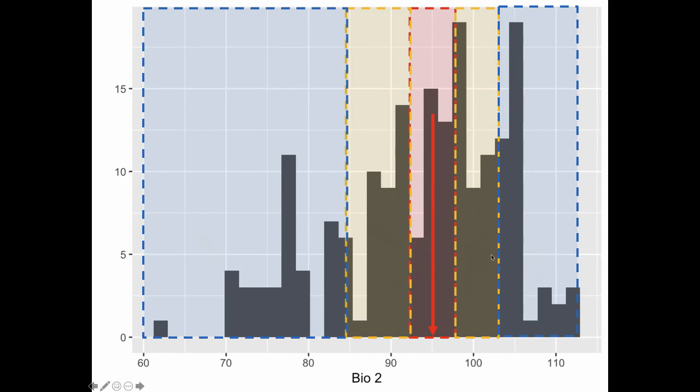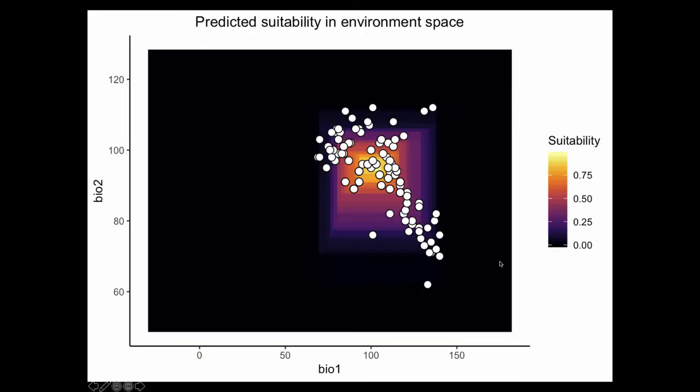And we do that for the two axes independently, and what that turns into in this two-dimensional space is basically a two-dimensional histogram that says, okay, these really common sets of environments where we see our species most, the most central points in our species environmental distribution, are the highest quality habitat, and then further out is lower quality, and further out is lower quality, et cetera, right?